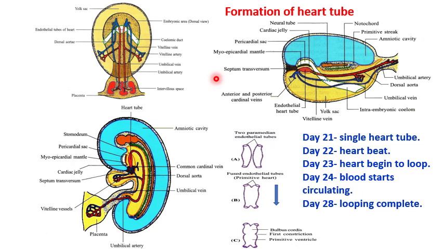And the primitive heart, as we said, starts its beating at day 22, and on day 24 the blood starts circulating throughout the embryo. So this is very important for you to remember.